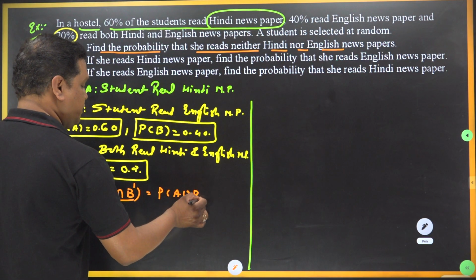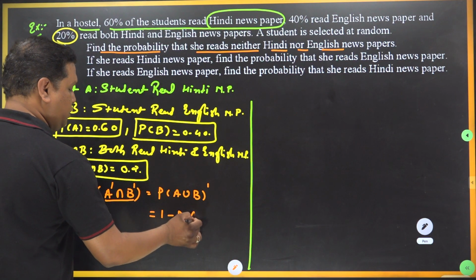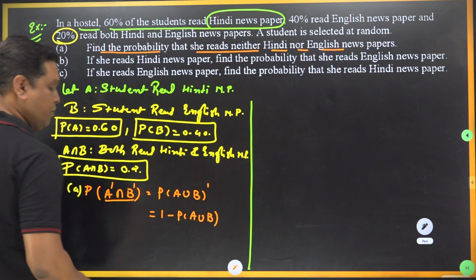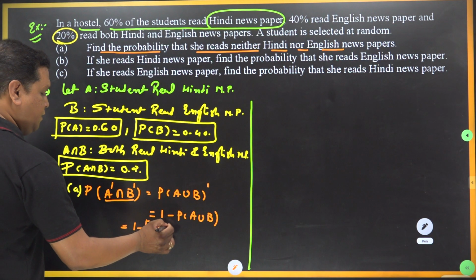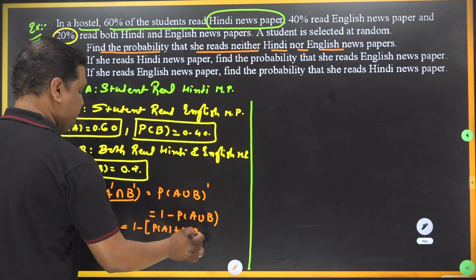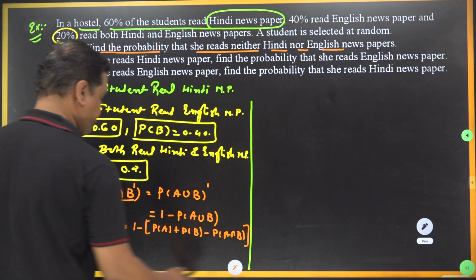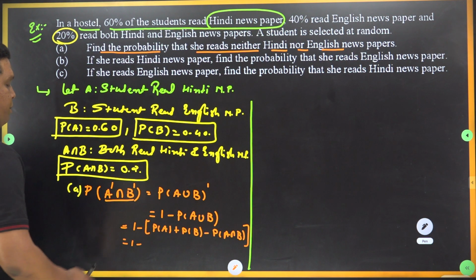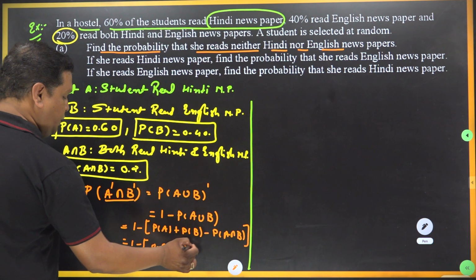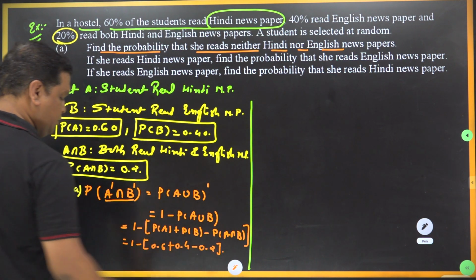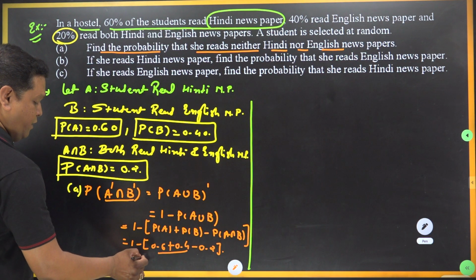P of (A union B) whole dash is 1 minus P of A union B, 1 minus P of A plus P of B minus P of A intersection B. P of A 0.6, 0.4 minus 0.2, so that is 0.8.